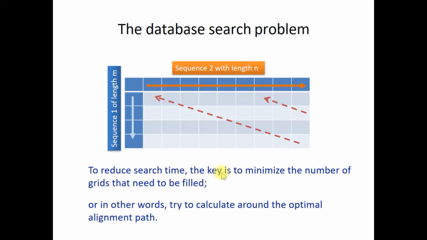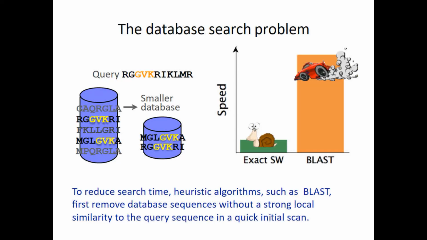BLAST is based on this idea. Specifically, BLAST uses a heuristic method to first remove the database sequences without a strong local similarity to the query sequence in a quick initial scan. So the initial large database becomes a smaller database, and the speed increases dramatically.